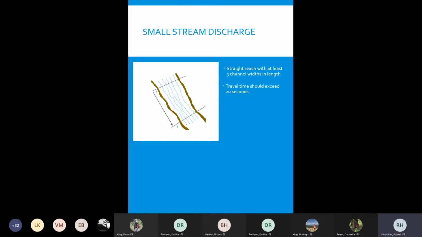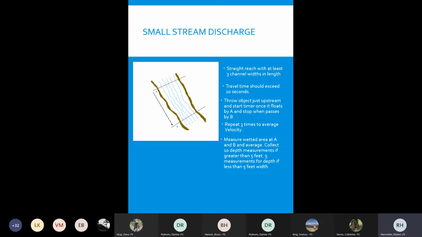The travel time should exceed 20 seconds. So we're recommending throwing an object, a racquetball, just upstream, starting the timer once it floats by A, and stopping the timer once it passes by B. Then repeat this 3 times to get the average velocity.